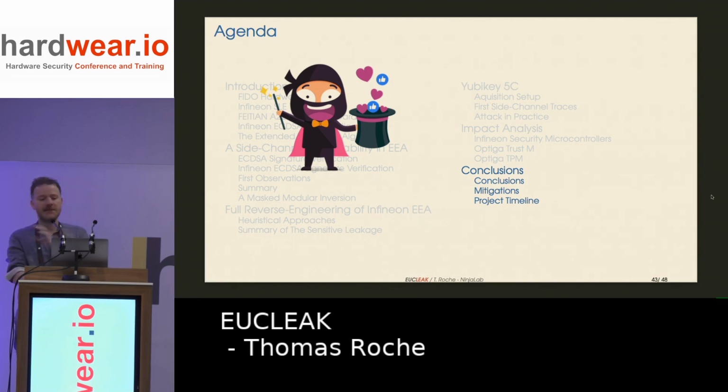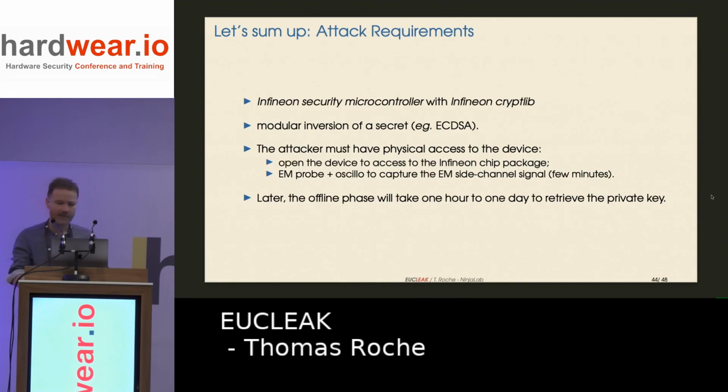And this leads to the conclusion of this talk. The attack requirement, very fast: you need a system that has critical assets where a physical attacker can access the chip handling this asset, and these assets are manipulated by a security microcontroller from Infineon and the Infineon cryptolib.